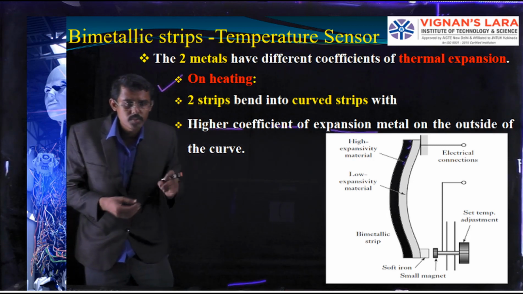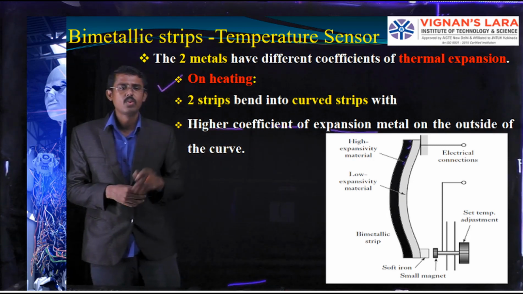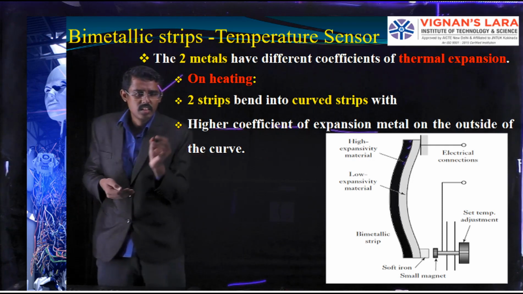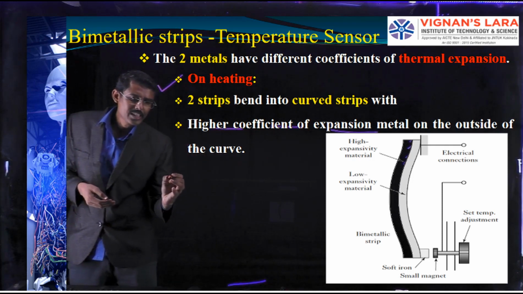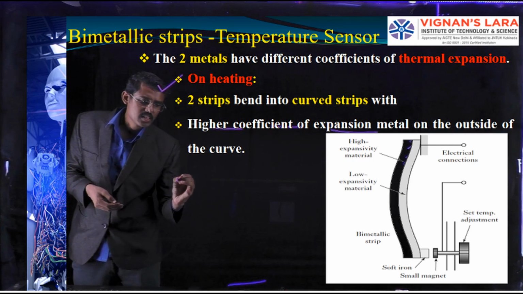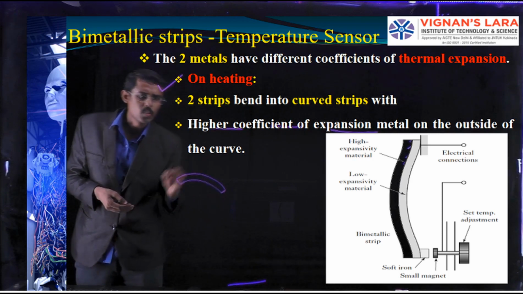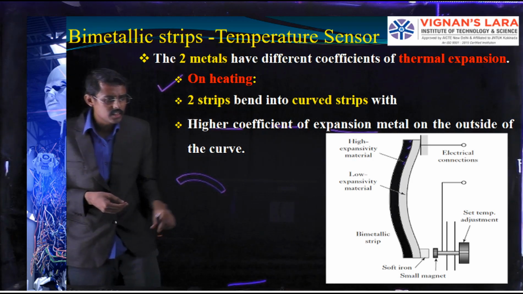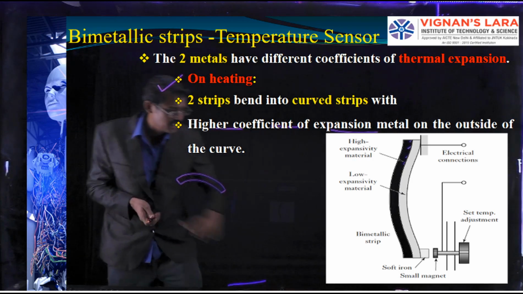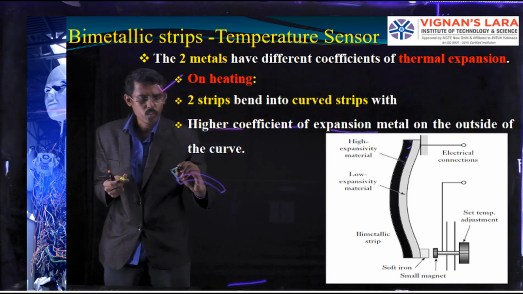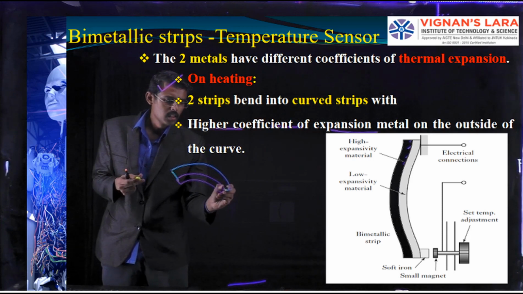The two strips bend towards the curved strip. How does it bend? The low expansion material bends in this way, but similarly the high expansion material will bend in this path.